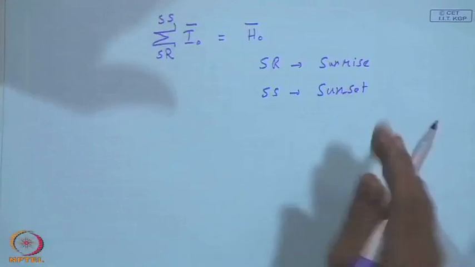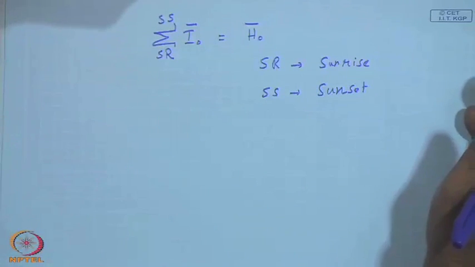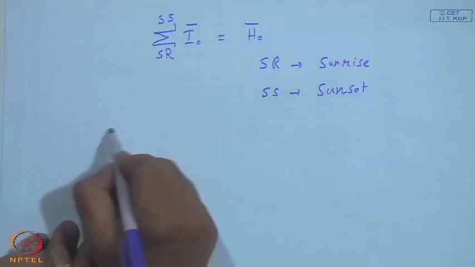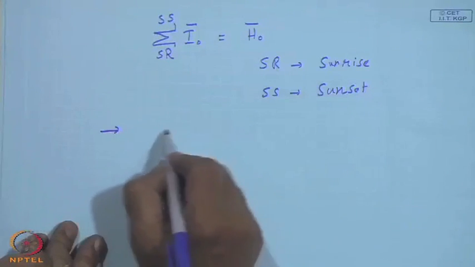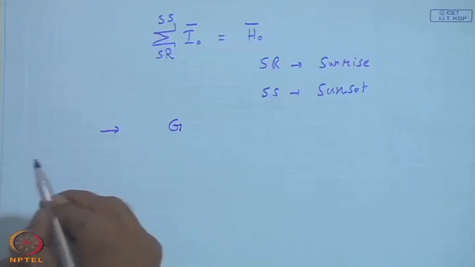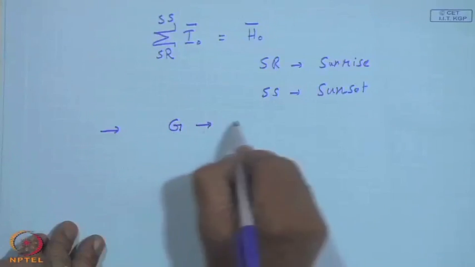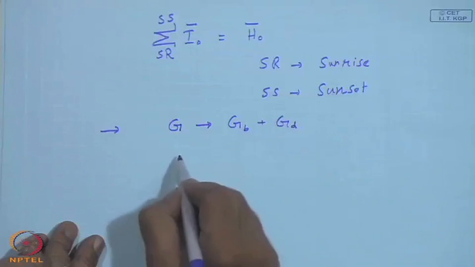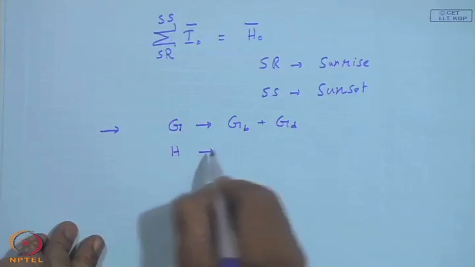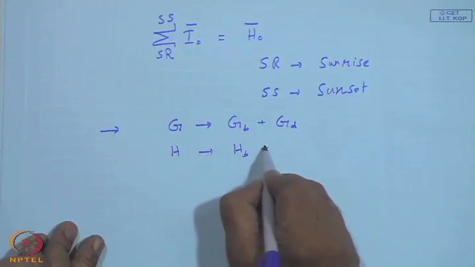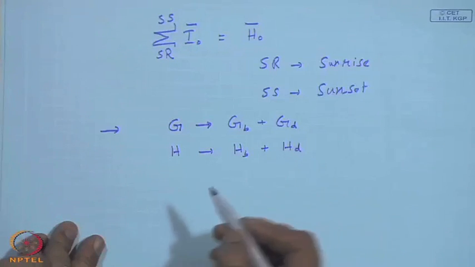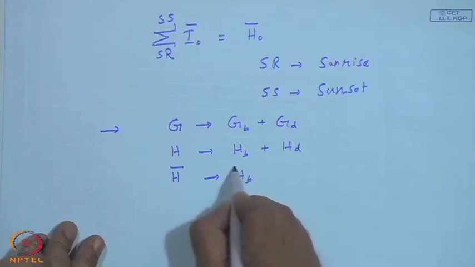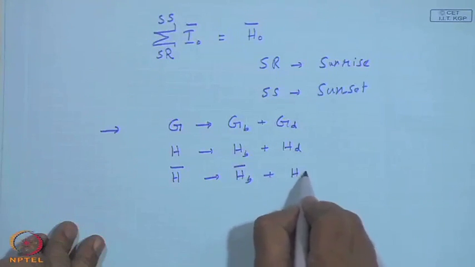Of course, you can go with a yearly average also, but that I think is too much, we do not do this. So, when we were defining the terrestrial components, correspondingly they will be G, which will comprise Gb plus Gd, then a corresponding H, which will comprise Hb plus Hd, and an H bar, Hb bar plus Hd bar.